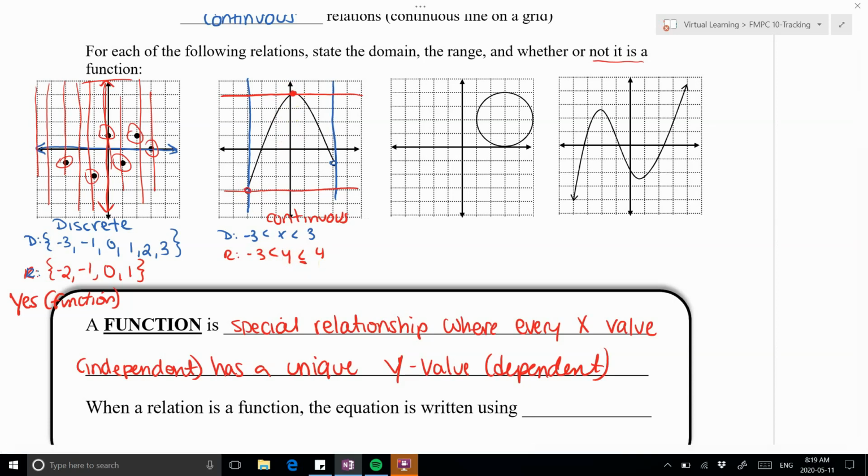Now we're going to do that vertical line test to see whether or not this is a function. So once again, we're looking, when I draw those vertical lines, how many points are hitting.